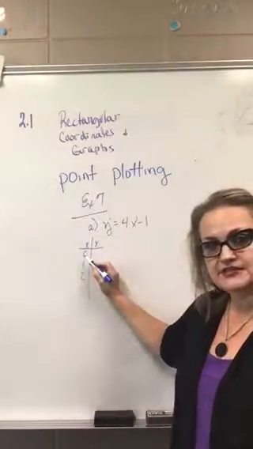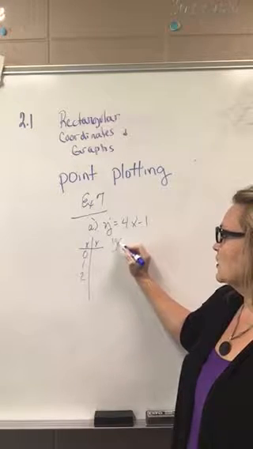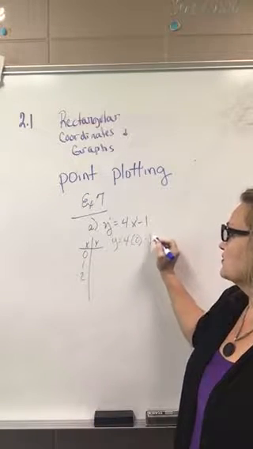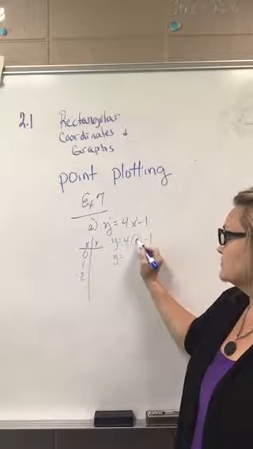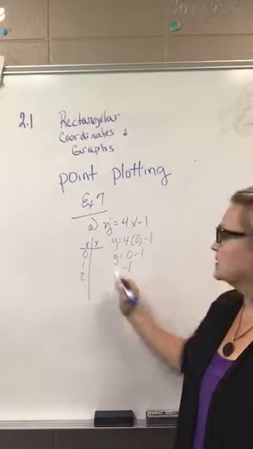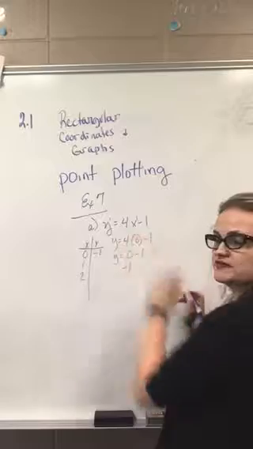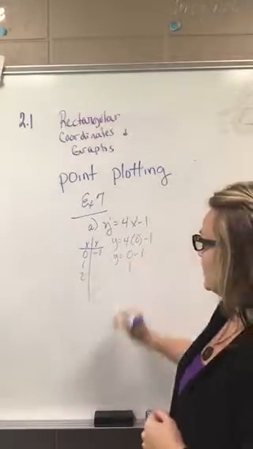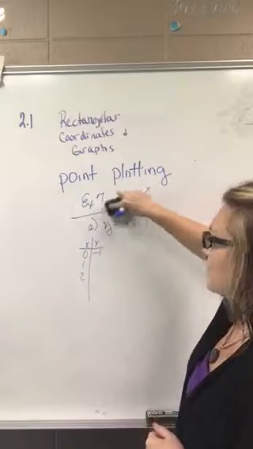0 is always nice. When you plug in 0 for x, we ask what y will equal. So we can solve that. 4 times 0 is 0, and 0 minus 1 is negative 1. So now I know this point, (0, -1), solves this equation. And you can check it out. If you plug those numbers back in, the two sides are equal.